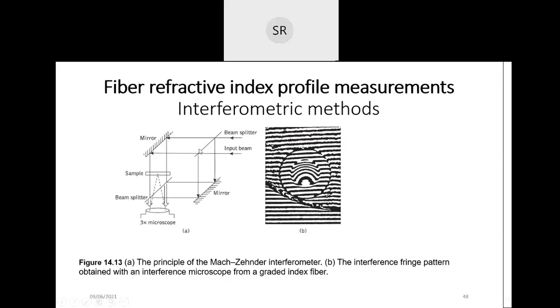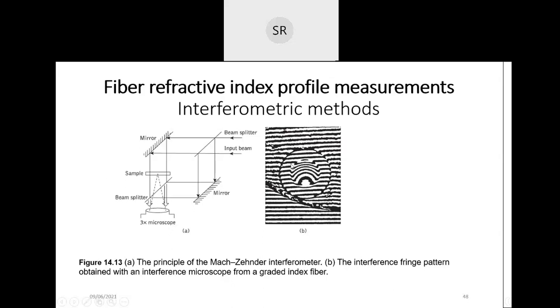Here the light is propagating through this, and we can compare the phase of the incident light with the phase of the emerging light, because we have the mirror here, and because of that a field of parallel interference fringes is observed. This is the interference fringe pattern, and you can see there is a variation in the refractive index profile of the fiber.